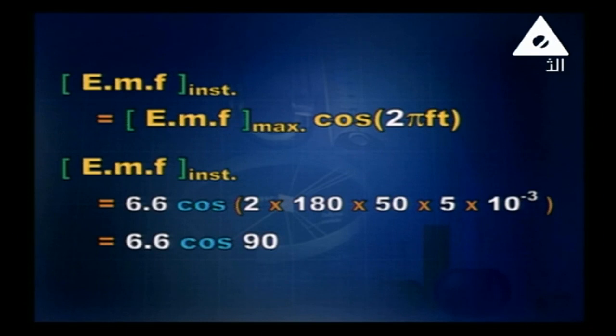It is 6.6 times cosine 90. Cosine 90 equals 0, so it will be 0. It happens because at this particular instant the coil is placed in the vertical position.